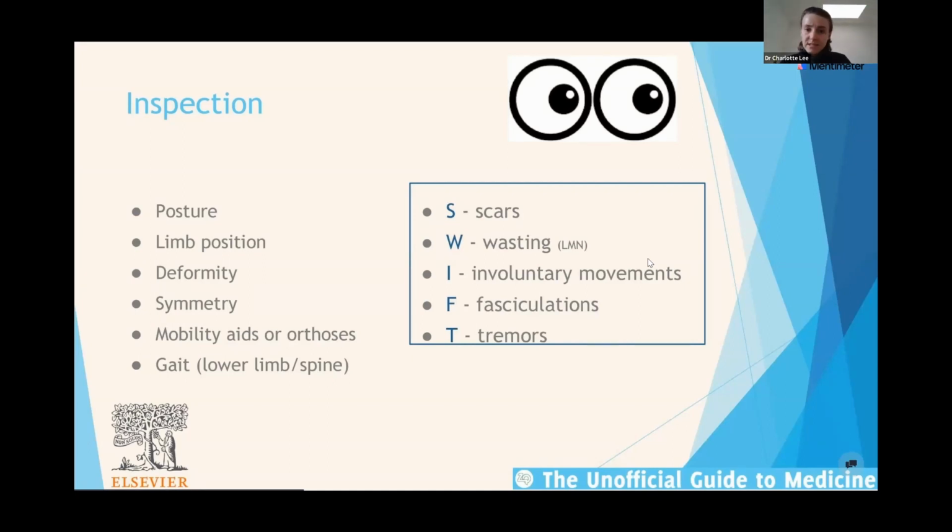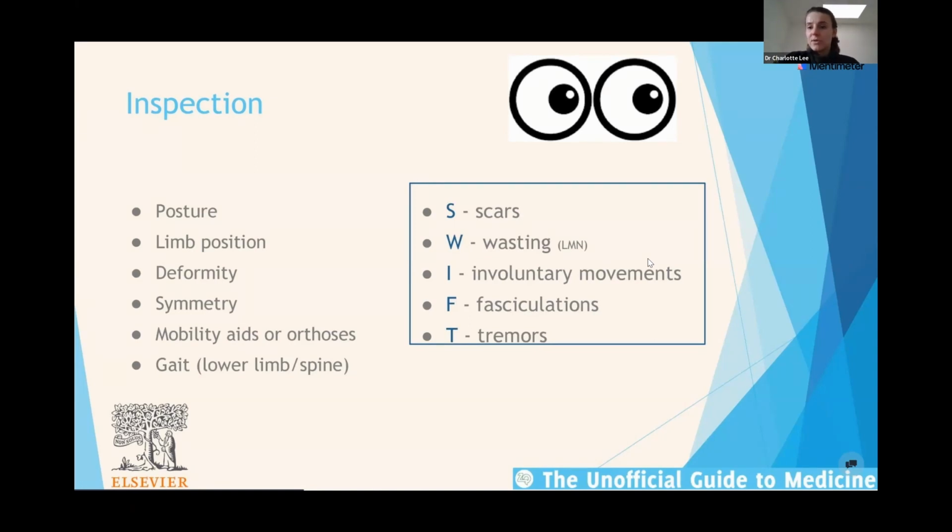And these are the things, this SWIFT, so I saw someone put it in the Q&A, SWIFT is the way that you can think of some key findings that you might want to look out for. So have they got any scars? Have they got any wasting? And this will be a lower motor neuron sign. Have they got any involuntary movements or fasciculations?